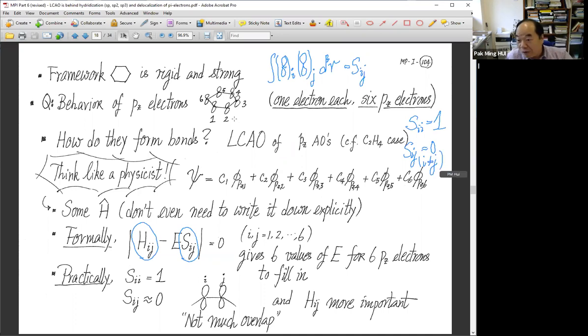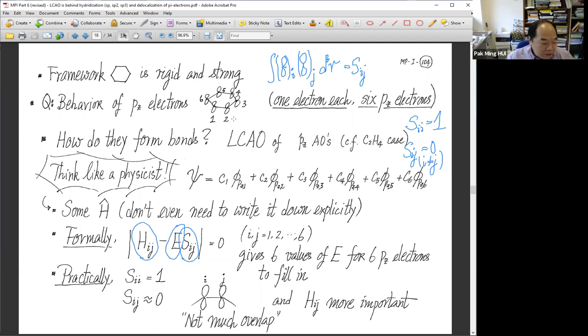That will make life very easy and doesn't make much error. All right, so this is an approximation I will be happy to make. That is to say, the E will only remain on the diagonal places. Sii is not 0, it is 1, so I will have H11 minus E, H22 minus E, H33 minus E, and so on. Do you follow me?